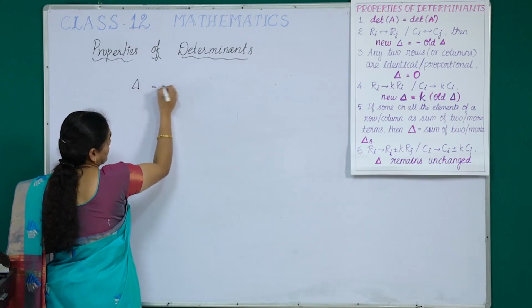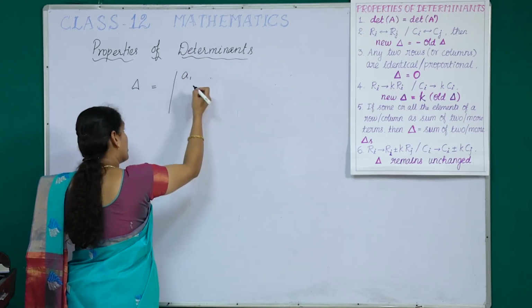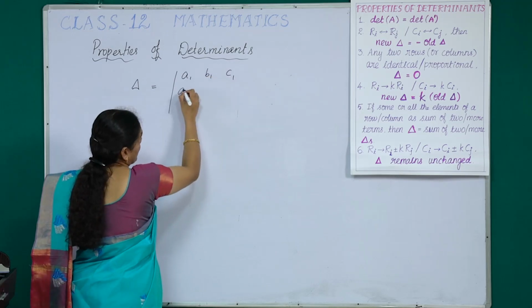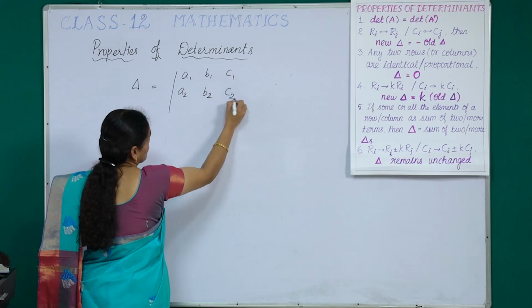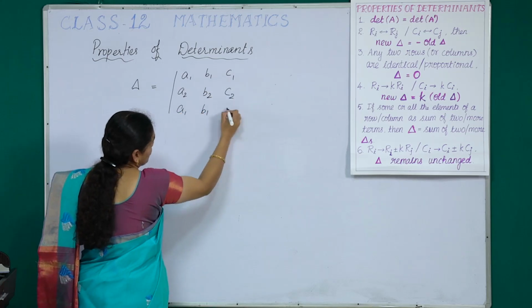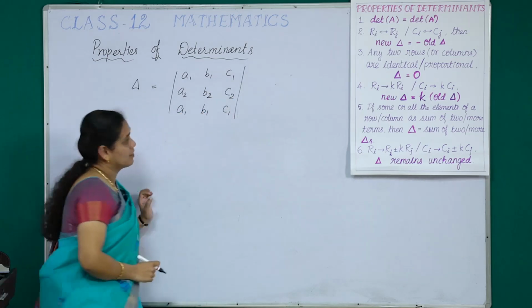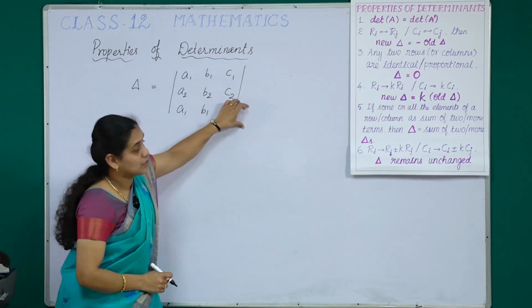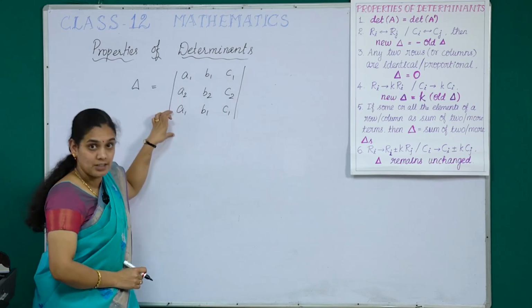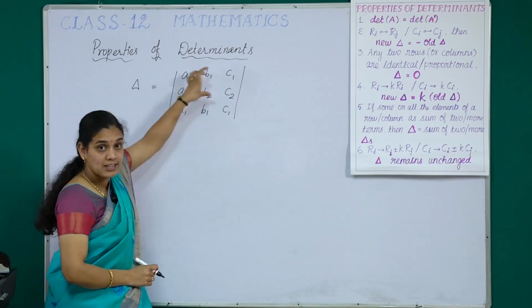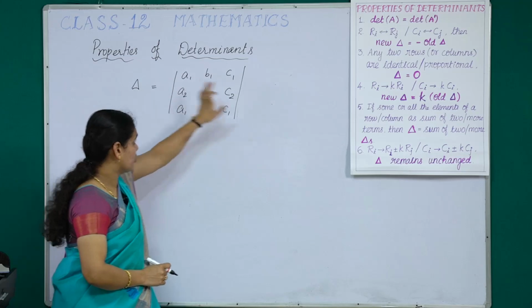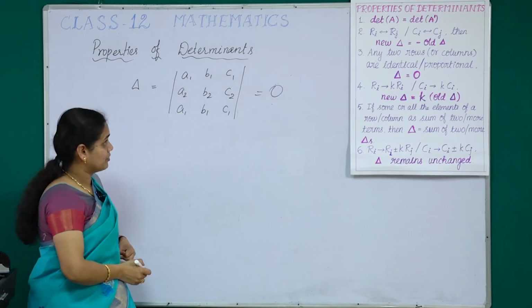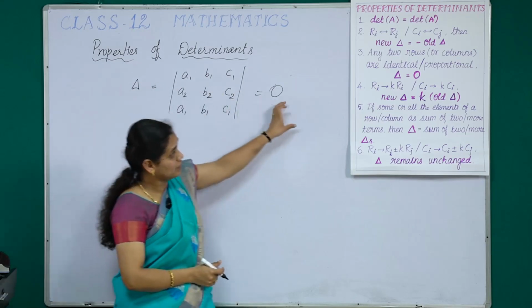Let us take delta equal to A1, B1, C1 and A2, B2, C2 and A1, B1, C1. Here the first row and the third row are identical. The elements are the same. In that case, this delta will be equal to 0, that is the determinant is equal to 0.